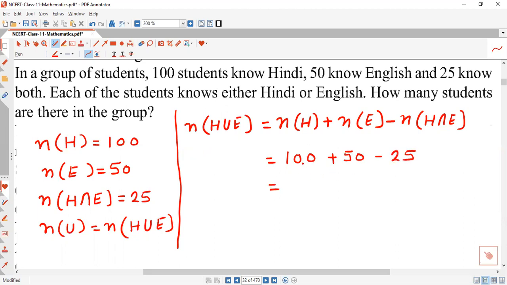This comes out to 150 minus 25, which is 125. How many students are there in the group? This is equal to the universal set, because every student knows either language. So in the group, the number of students is 125. 125 is the answer for this question.